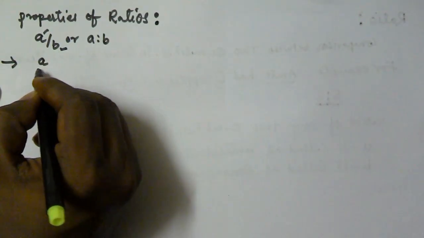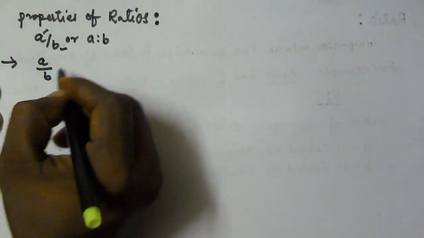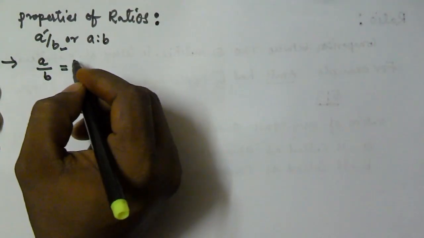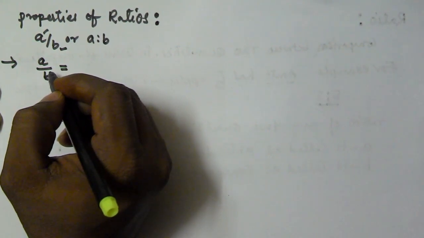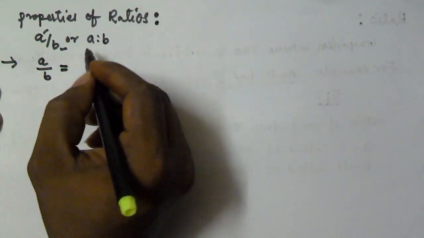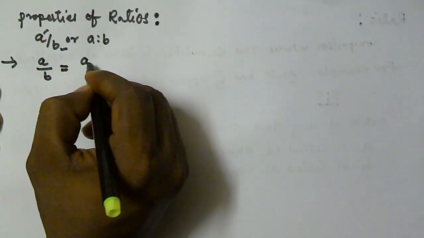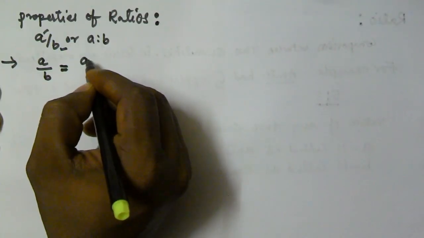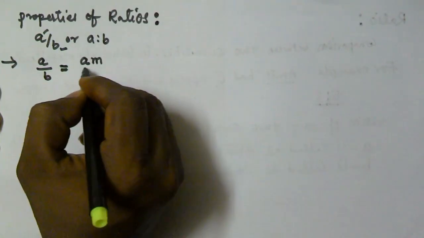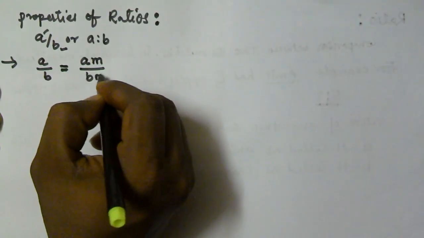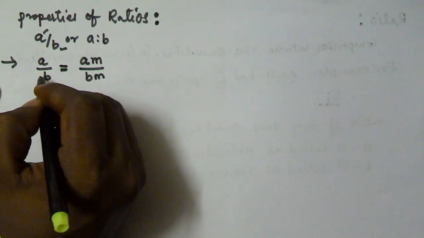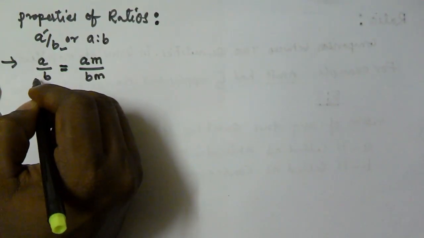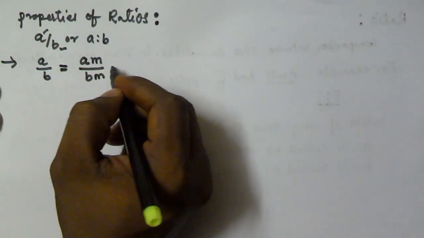Suppose we have the ratio A by B. If you multiply numerator and denominator by the same number, the ratio is not going to be changed. For example, if you multiply both the numerator and denominator by m, we get am and bm, so the value of the ratio is not going to be changed.